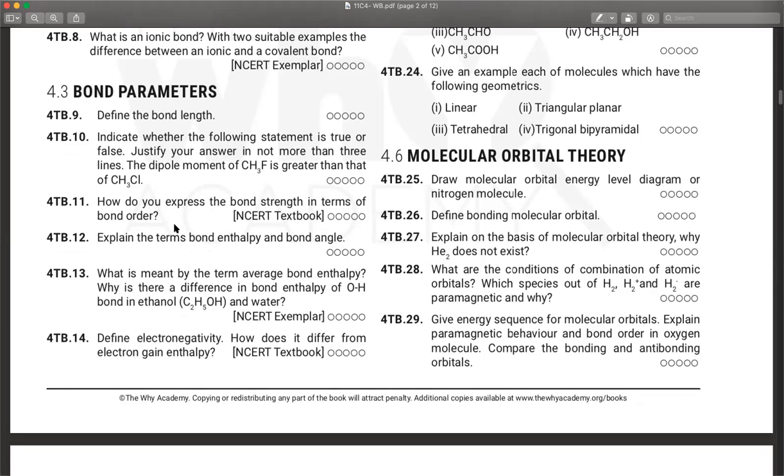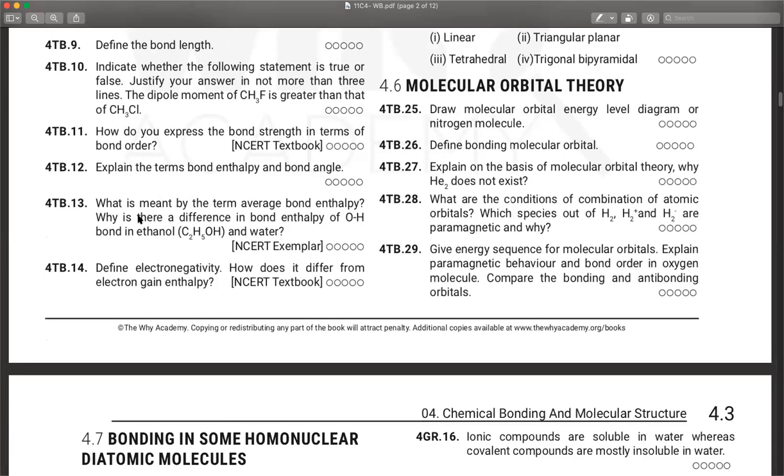Explain the terms: you can do the meaning of the terms by looking it up. What is meant by the term average bond enthalpy? Is there a difference in bond enthalpy of the OH bond in ethanol and water? I'm not talking in terms of the molecule.